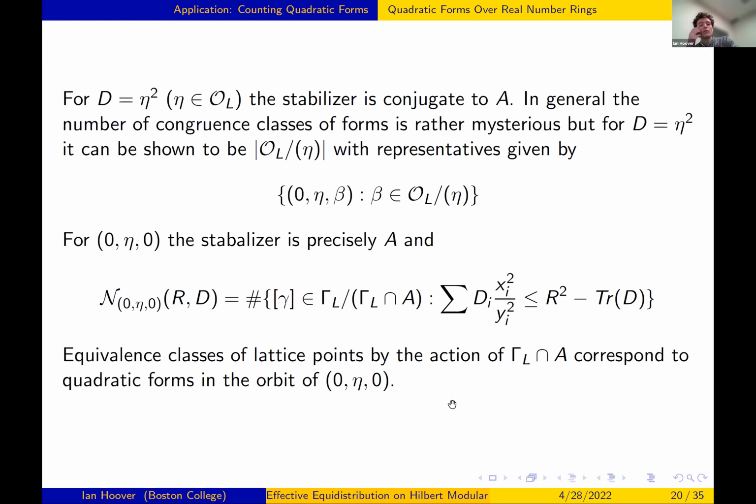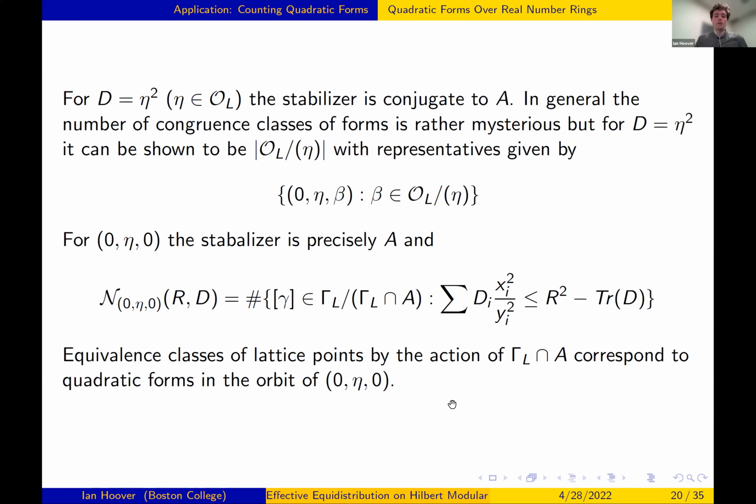Now, in general, the number of congruence classes of forms is mysterious, but for a square discriminant, we can compute this all quite explicitly.